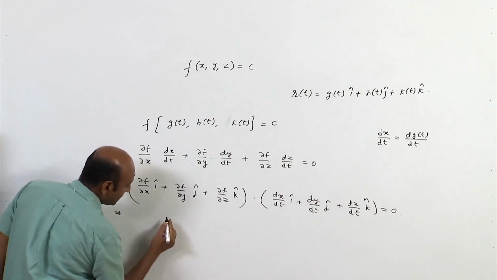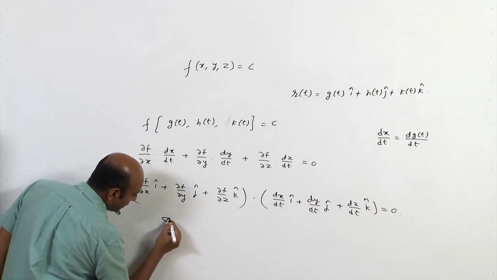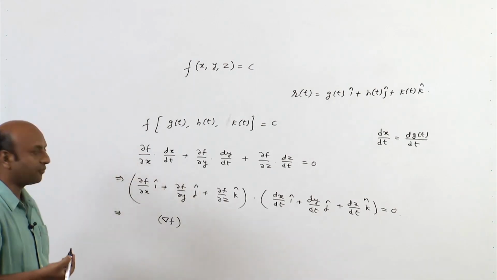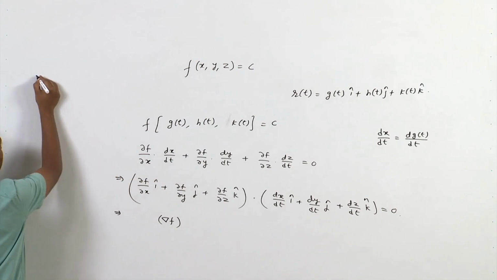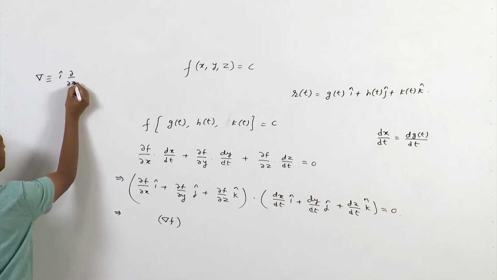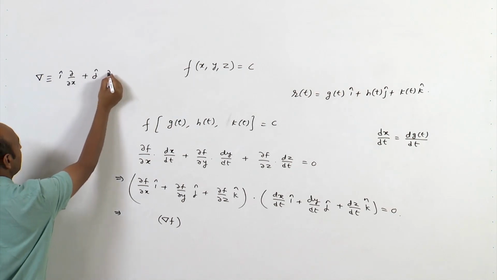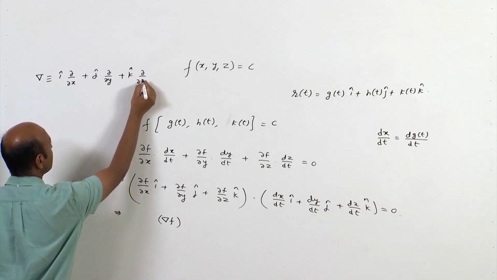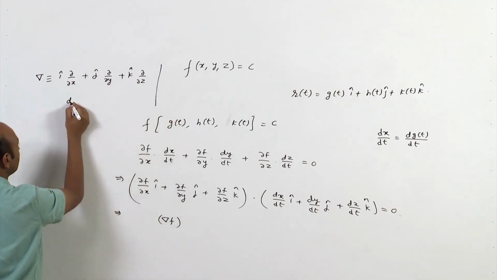This we call the gradient of f. What is the del operator? Del is i cap del by del x plus j cap del by del y plus k cap del by del z. This operator is called the del operator.